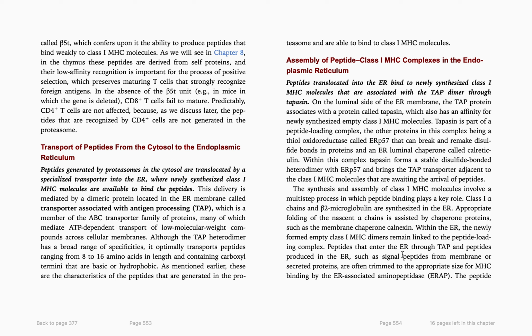Peptides that enter the endoplasmic reticulum through TAP, and peptides produced in the endoplasmic reticulum, such as signal peptides from membrane or secretory proteins, are often trimmed to the appropriate size for MHC binding by endoplasmic reticulum-associated aminopeptidases.